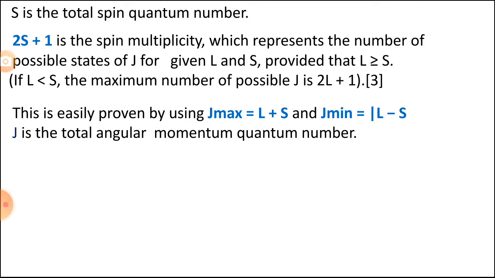S is the total spin quantum number. In that there is a coupling like spin-spin coupling, and that capital S is the total spin quantum number, meaning the resultant spin-spin coupling. So the total spin quantum number is capital S, and 2S plus 1 is the spin multiplicity, which represents the number of possible states of J for given L and S, provided that L is greater than or equal to S. If L is less than S, the maximum number of possible J is 2L plus 1.